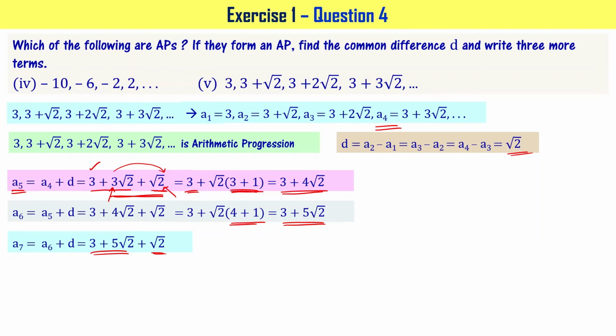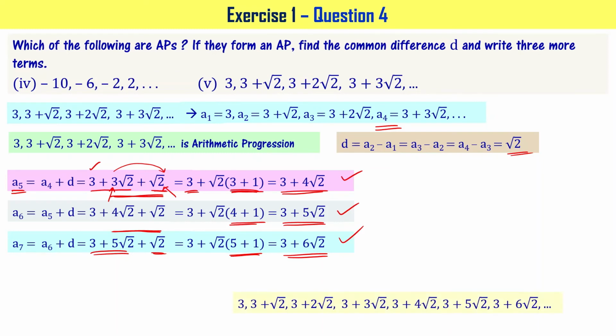So now I can write, if I take root 2 as the common factor out for last two terms, then I can write the whole expression as 3 plus root 2 times 5 plus 1, that is equal to 3 plus 6 root 2. Got it? Now we have written 3 other terms also, right? So these 4 terms are given and we have written 3 more terms, right?